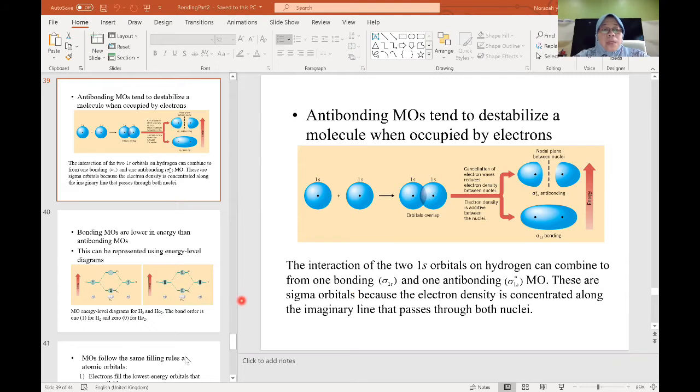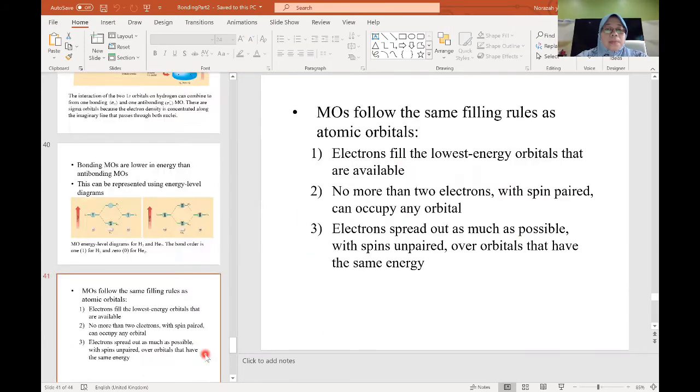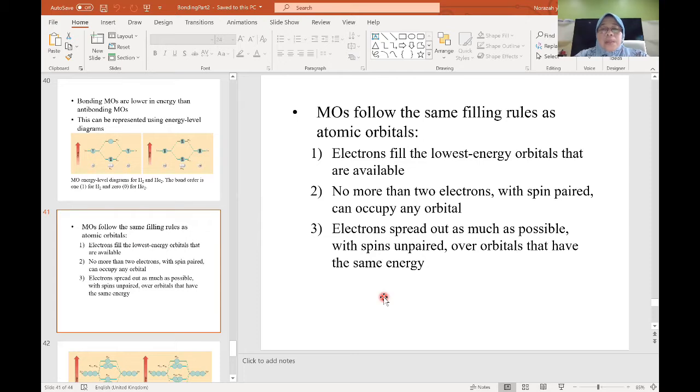If you look at here, remember that I said electrons in a molecular orbital can be arranged according to the same principle as how you arrange electrons in atoms.